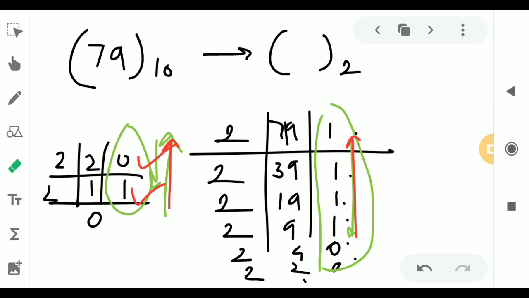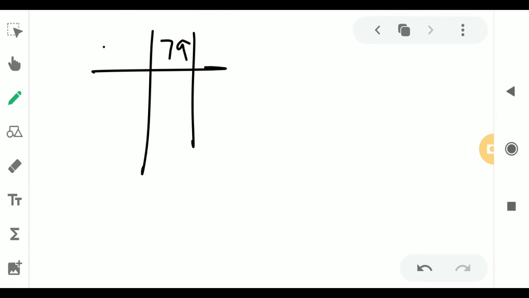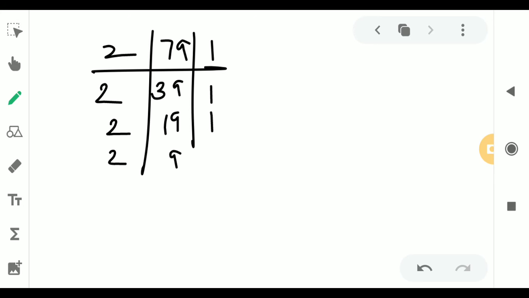I believe something went wrong while we were dividing. Let's re-verify it again. 2 threes are 6, and then we have 2 nines are 18, 2 ones are 2, 2 nines are 18, 1, 2 nines are 18, 1, 2 fours are 8, 1, 2 twos are 4, 0, 2 ones are 2, 0, 2 zeros are 0, 1.